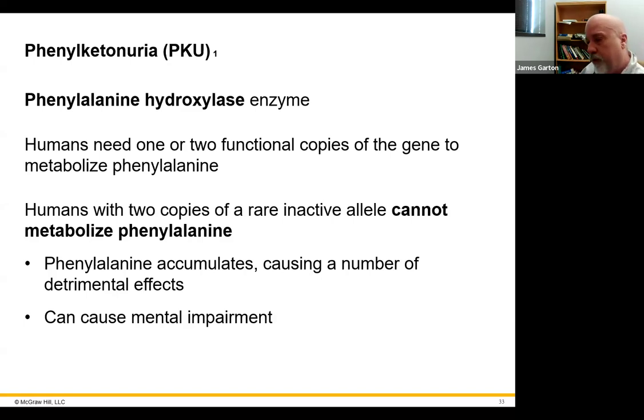And there is no real known cure, but there is a treatment. If you have PKU, you don't eat a lot of proteins that contain phenylalanine. And if you have this disease, you can't break down phenylalanine and it builds up. And mostly it affects your central nervous system. And so the treatment is basically from birth.